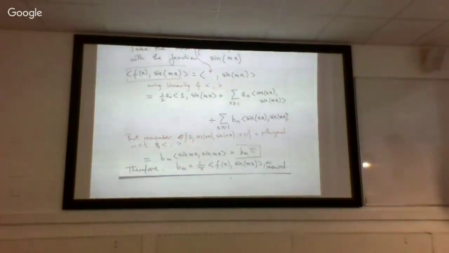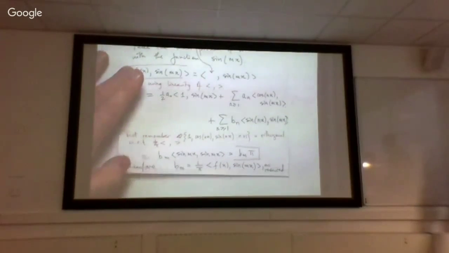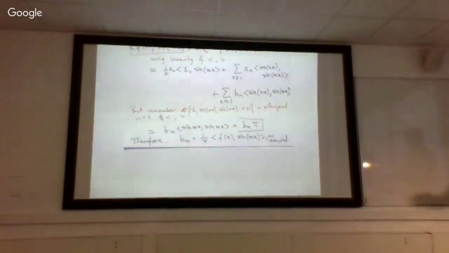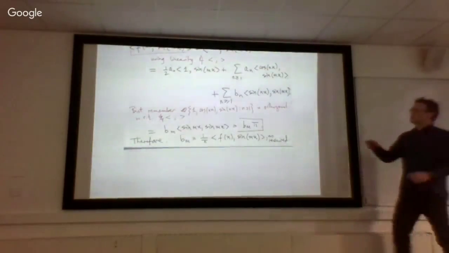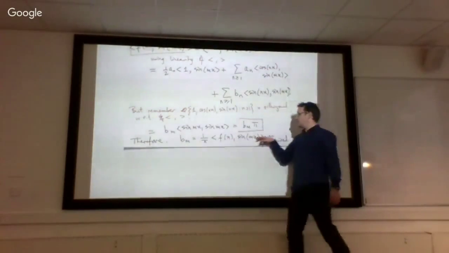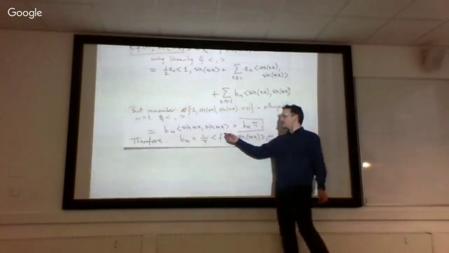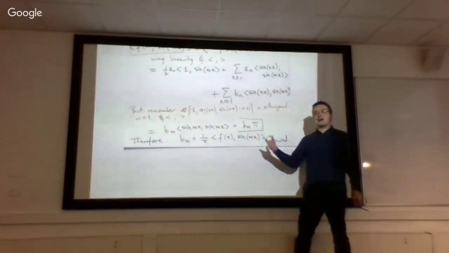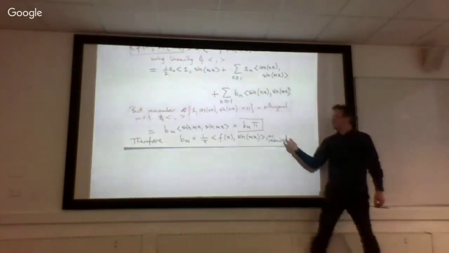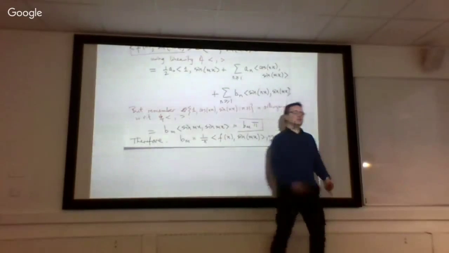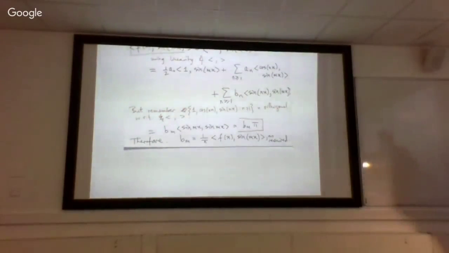So it's not necessarily a proof of that formula, but it's kind of a proof that if we assume there is any kind of Fourier series, then bm has to be given by this formula. And this is something that can be evaluated. If you're given some particular function f, then we can evaluate the inner product here and obtain the value of the Fourier coefficient bm.